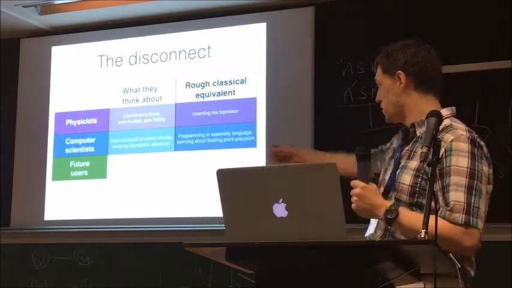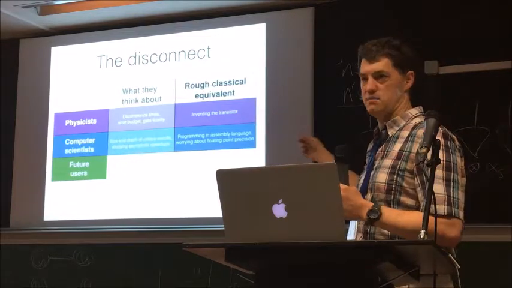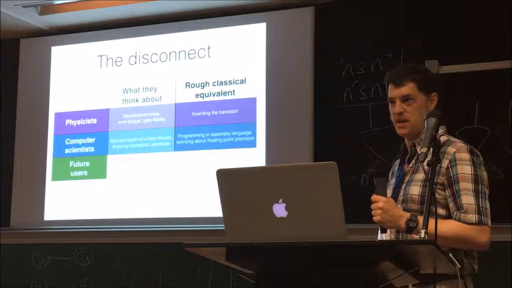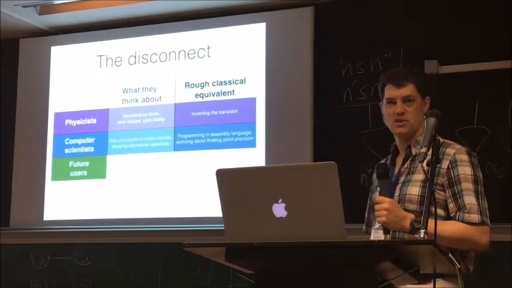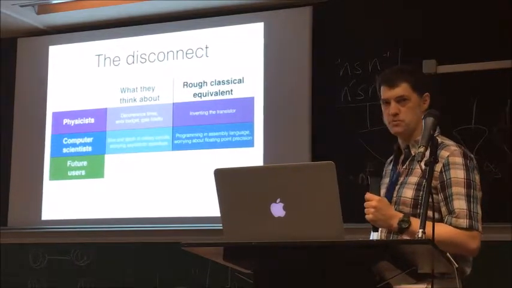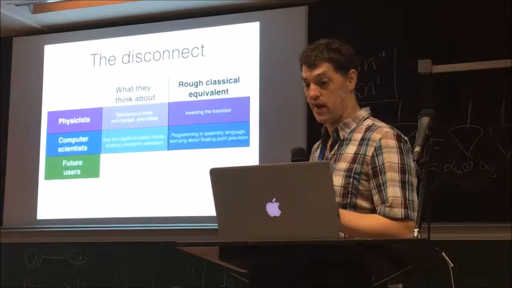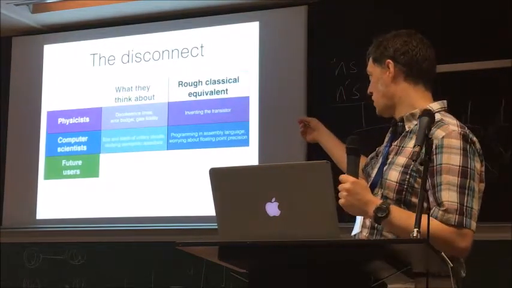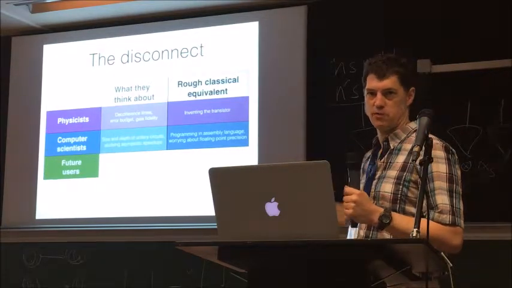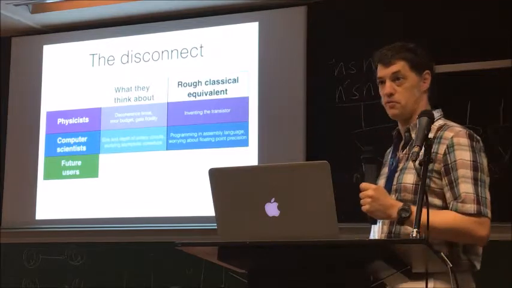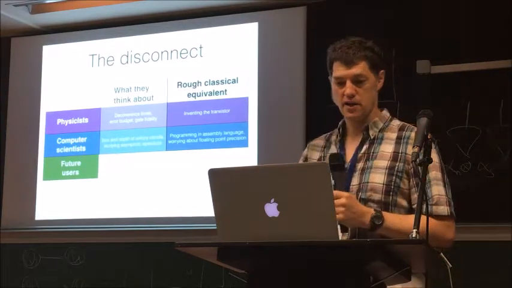And then they worry about unitary circuits and studying asymptotic speedups, which is like programming in an assembly language. That is to say, not even having so much as for loops, doing jump if this register is equal to 0 and so on and so forth, and worrying about exactly how much error you get when you're doing calculations with floating point precision. Still pretty low level as far as the programmer goes, but miles above what the physicist is worried about.